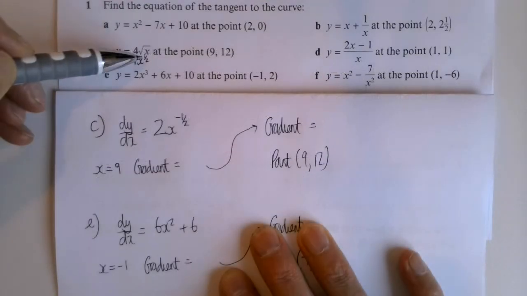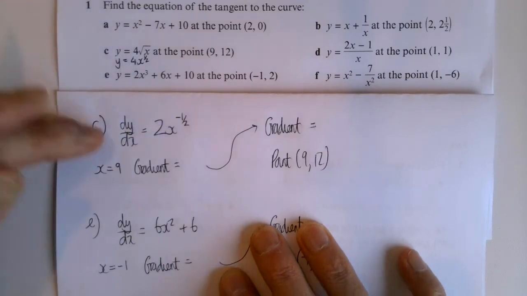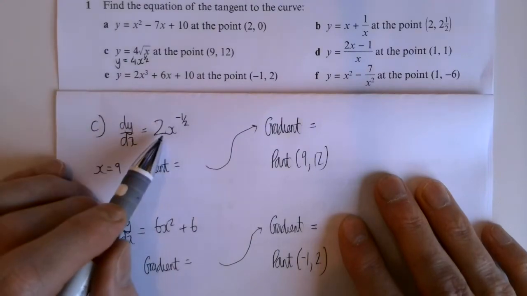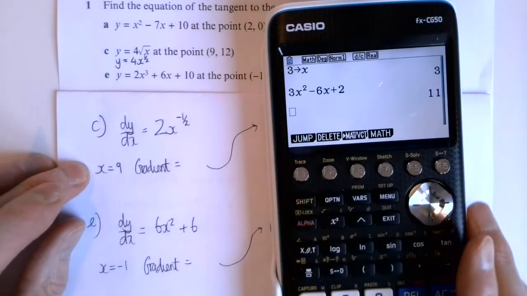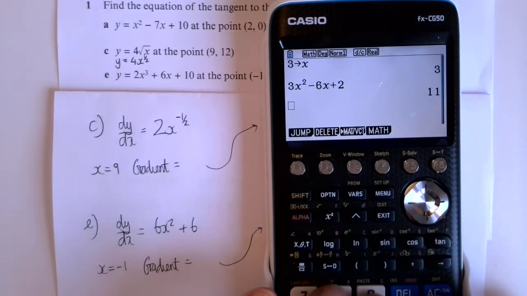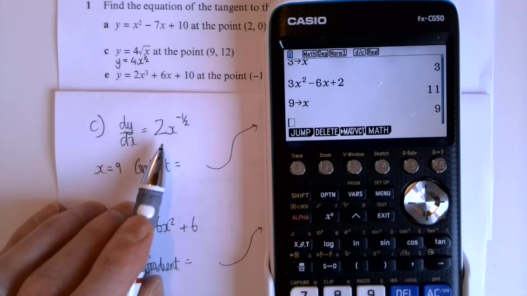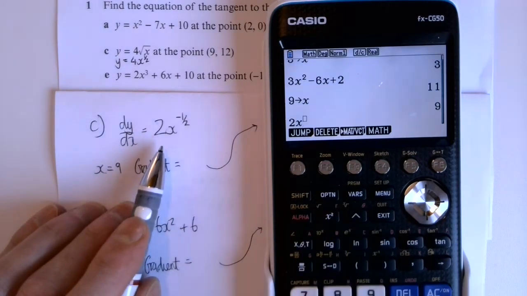So with C, half times 4 is 2, and reduce the power by 1. And I could, at that point, rewrite that as 2 over the square root of x, or go for my calculator. So I might put 9 as my x value, and I just type in 2x to the power of minus half.